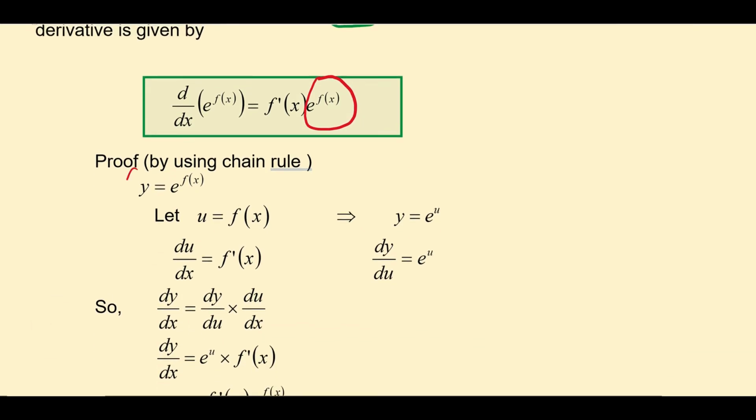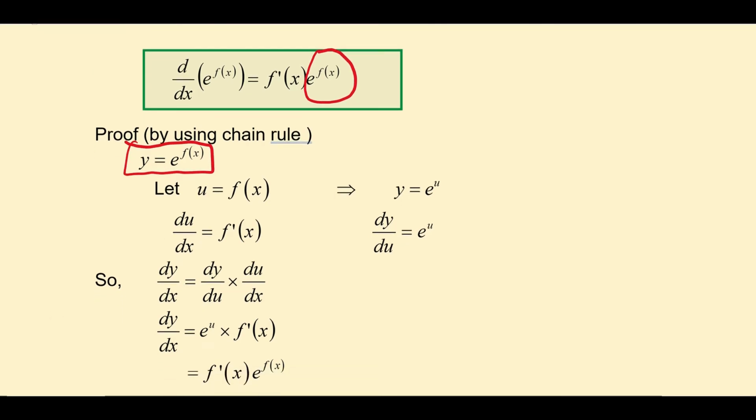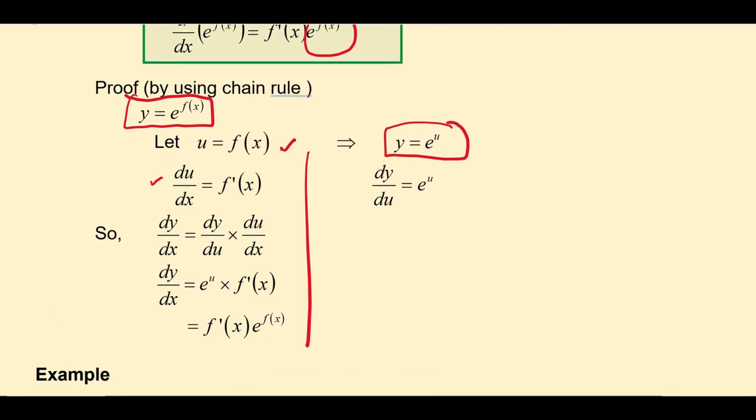If y equals e to the power of f(x), I will let u as f(x). So y will be e to the power of u. Differentiate u with respect to x is du/dx. Differentiate f is f'. By using the chain rule, dy/dx is given as dy/du multiplied with du/dx.